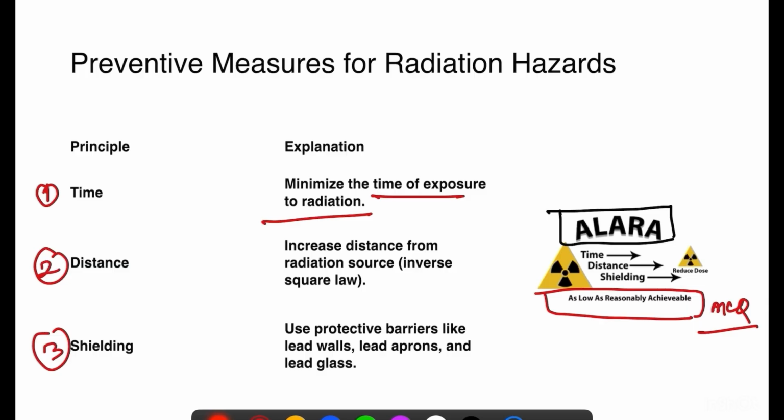In distance, we have to increase the distance from the radiation source so that its effects can be minimized. In shielding, we have to use protective barriers like lead walls, lead aprons and lead glasses, and the thickness of the lead apron should be a minimum of 0.5 mm.